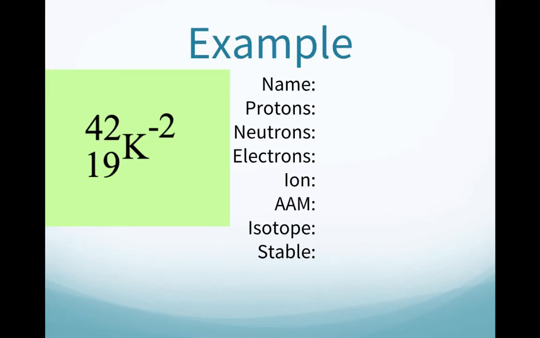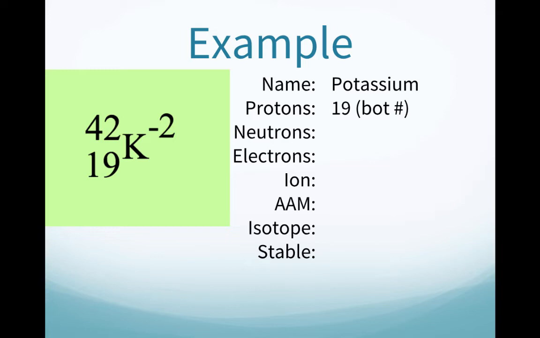So let's look at this example. In this example, you're given K, 42, which is the atomic mass, 19, which is the atomic number, and -2, or 2 negative, it could be written forwards or backwards, is the charge. So now you have to answer these 8 questions. Its name is potassium. Potassium goes with K, K goes with potassium. There are 19 protons.